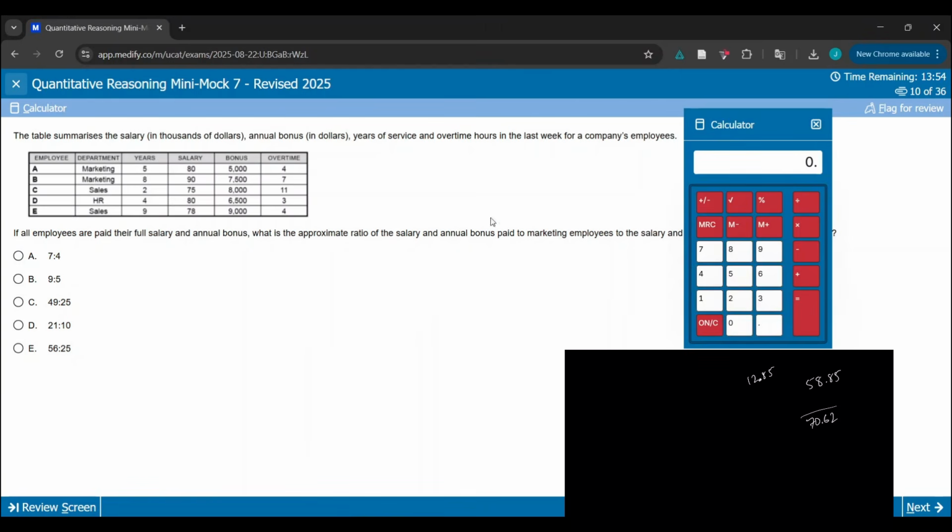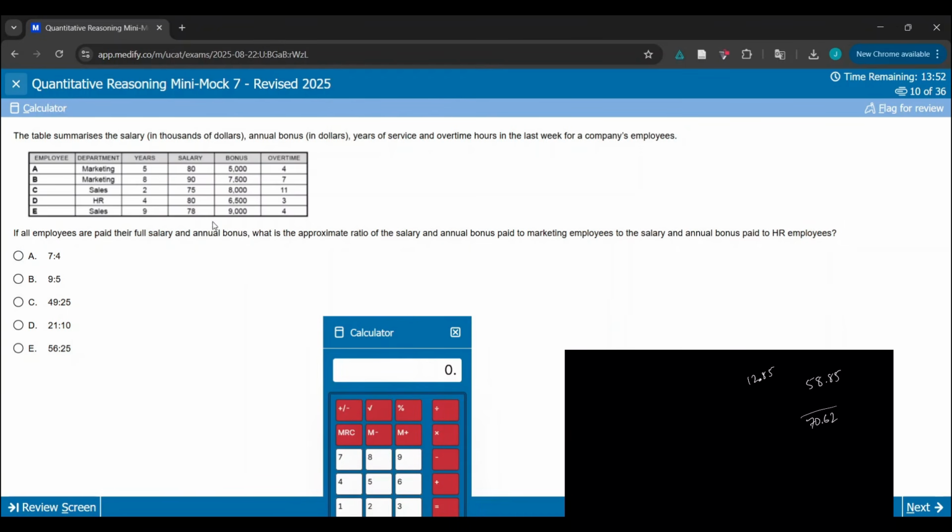If I pay full salary and annual bonus, what's the approximate ratio to marketing employees? So 85 plus 97.5 divided by 2, 91.25. Oh, okay, actually just in total though, so it's 182.5 to HR employees, and then that's going to be 86,500.